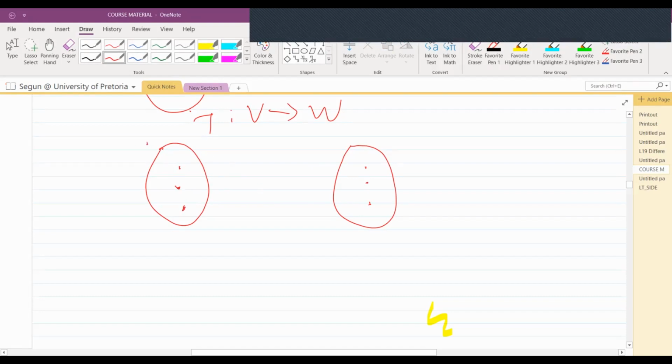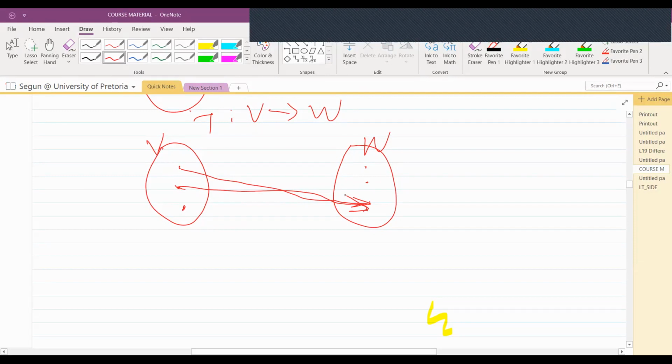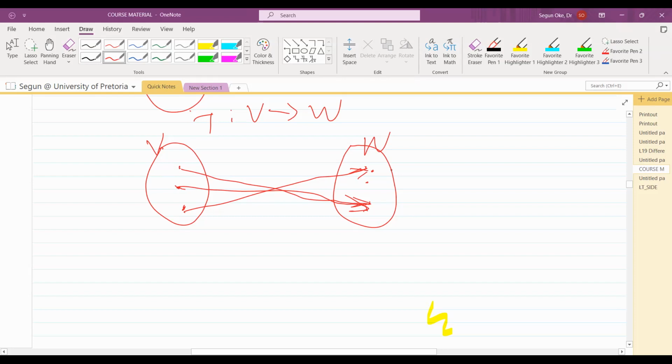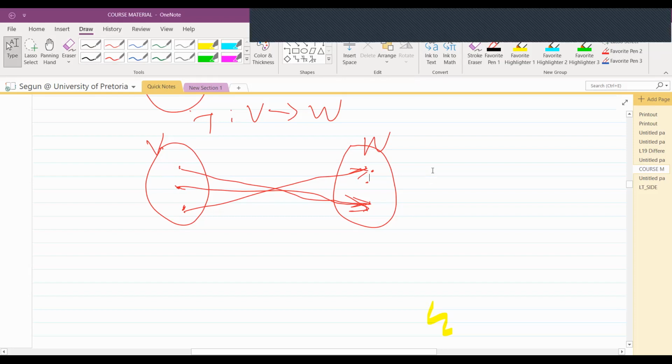So I still call this one V, I call this one W. If this one is mapped to this guy, this one also mapped to this guy, and this one mapped to this guy, now this is not a one-to-one mapping because you can see that it already violates the rule that says one-to-one. At this point, you can't call this one a one-to-one mapping. Please take note of that.